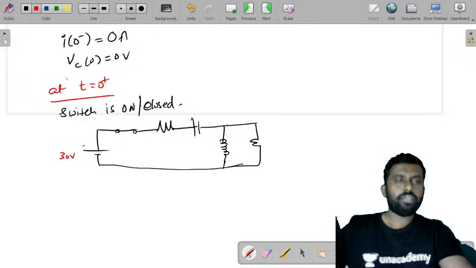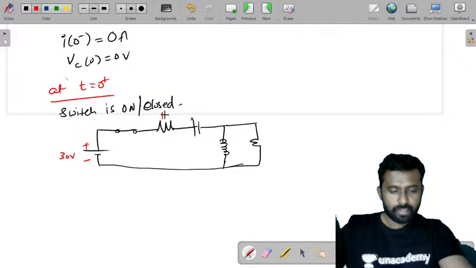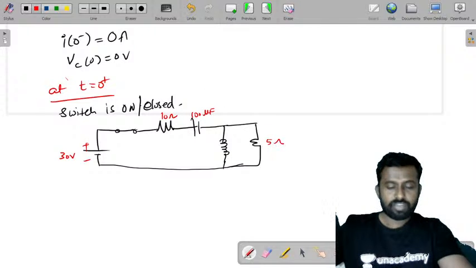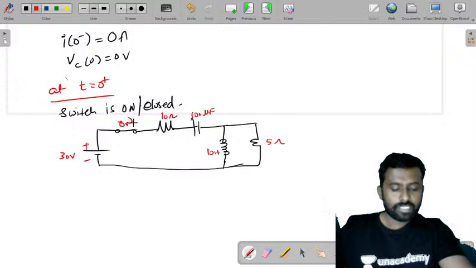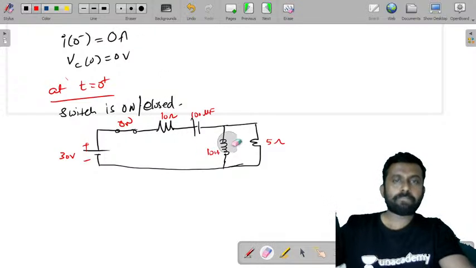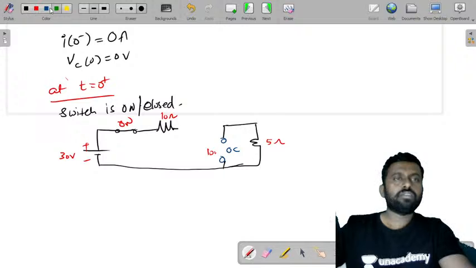So this is 30 volts plus and minus, 10 ohms, 100 microfarad, 5 ohms resistor, and this is 10 Henry. So when it is on, the inductor does not allow sudden change of current, so this will be an open circuit. Capacitor does not allow sudden change of voltage, so this will be a short circuit.